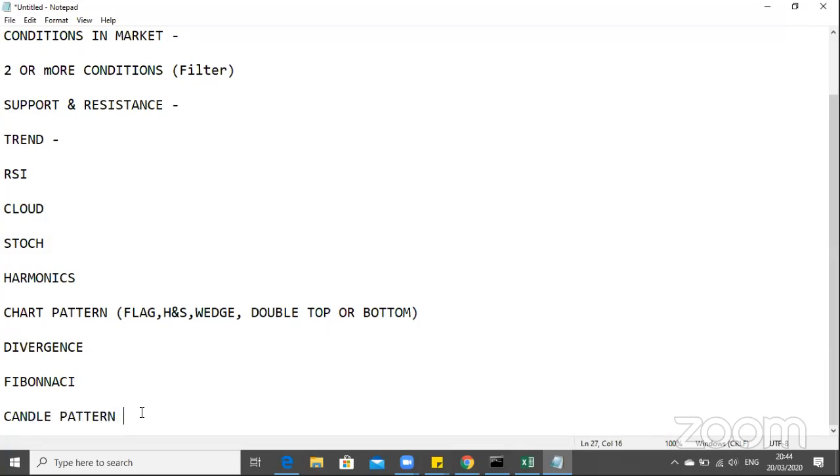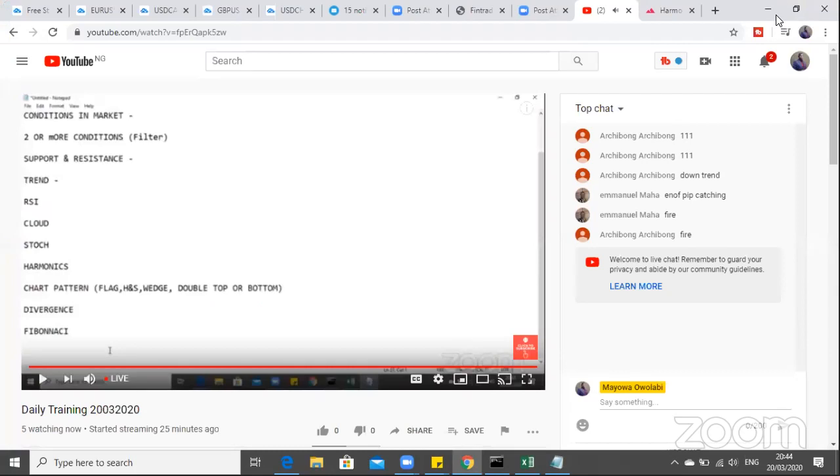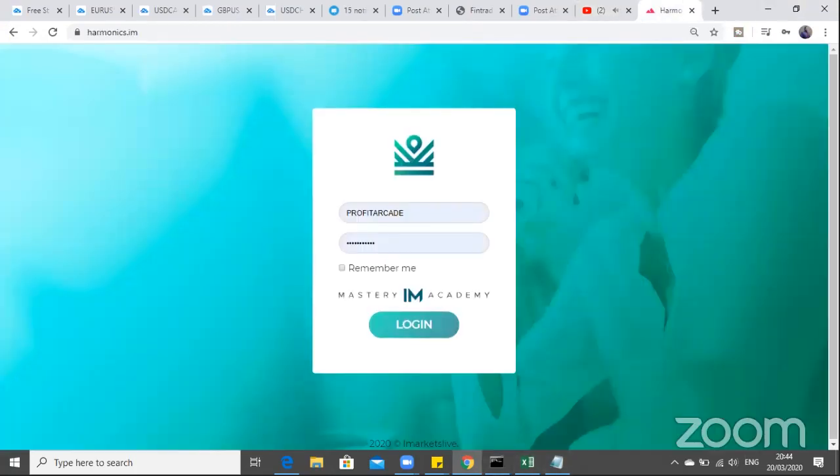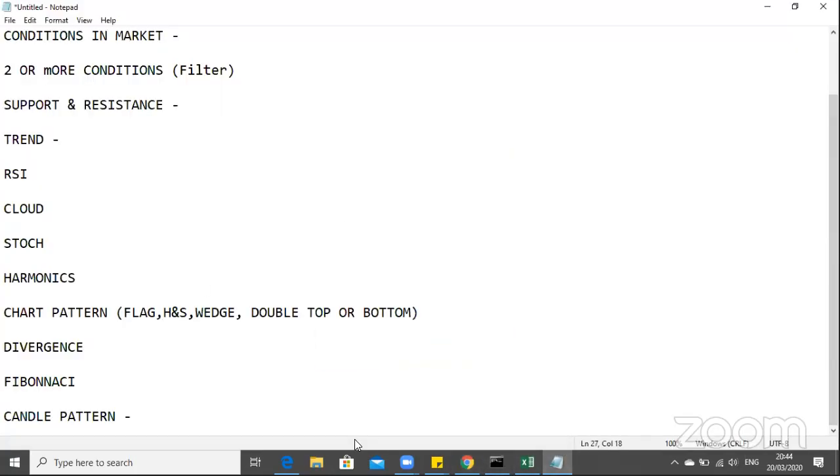Another one is candle pattern: pin bar, engulfing, inside bar. Those are the three major ones. Every other one, they are long things.